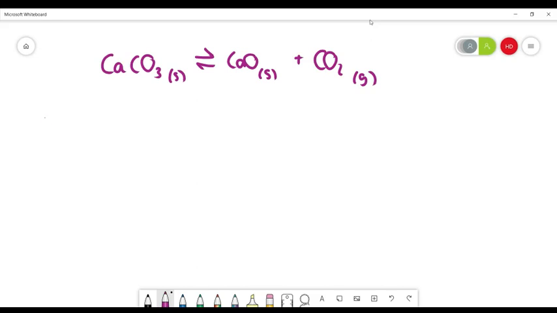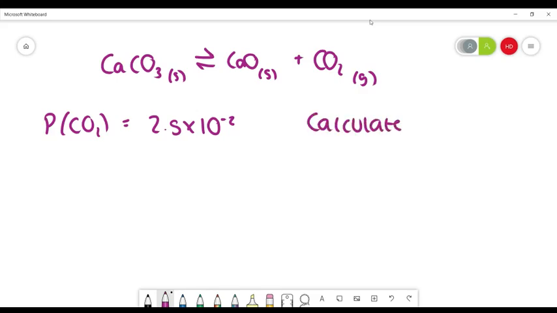The pCO2 equals 2.5 times 10 to the minus 2. Calculate Kp. Pause the video, try and work it out for yourselves.